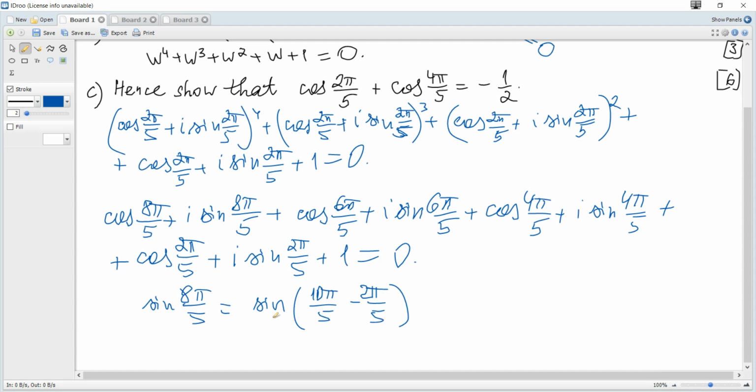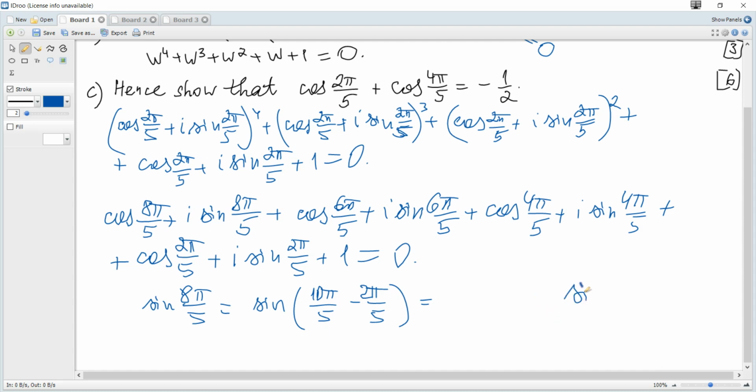It's actually the same, because if you add or subtract any number of periods, you get the same result.